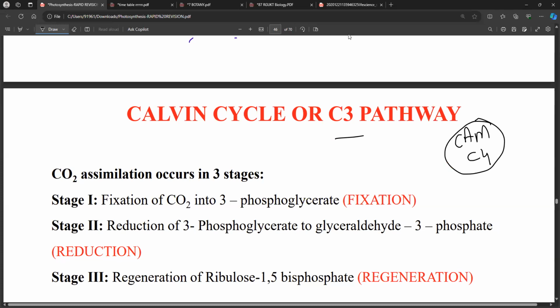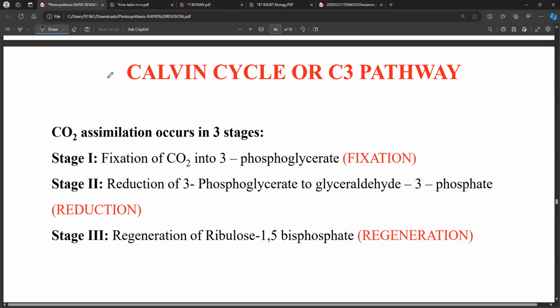You have to think properly and answer. CAM plants and C4 plants also perform the C3 pathway. Of course, true. The point is that in every single plant, the C3 pathway is the most common pathway, because plants are going to fix the carbon by using C3 only. But in C4 and CAM, it occurs in a different way. All of you focus.